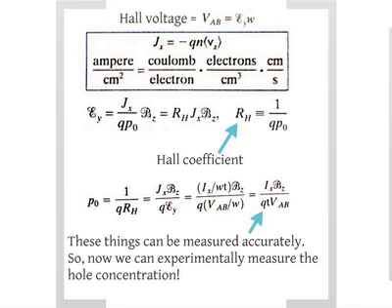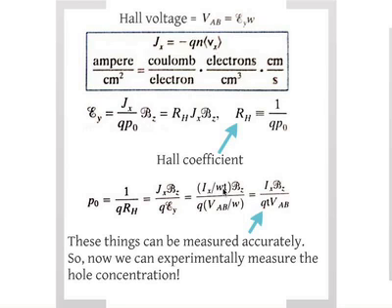So that's the beauty of the Hall effect, that these things can be measured accurately. In this case, they convert the current density to current. Current density is basically current divided by the area of cross section, so it's W times T.